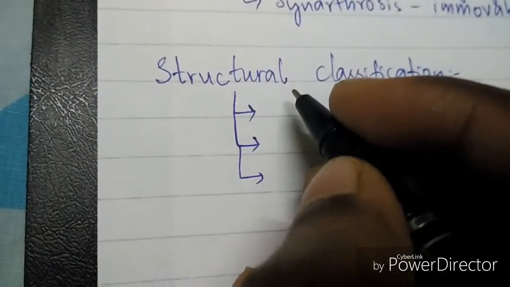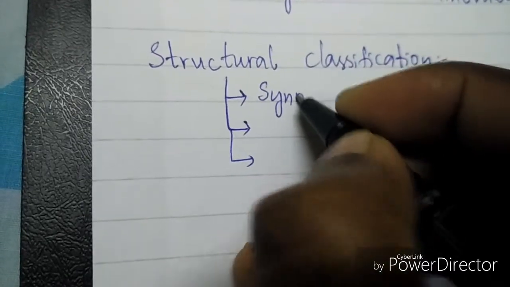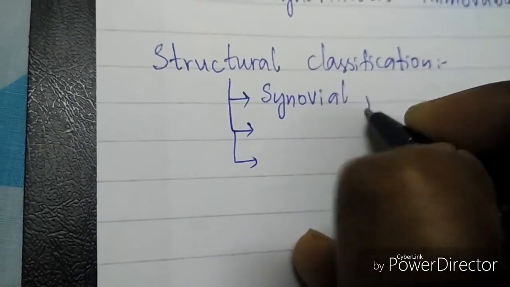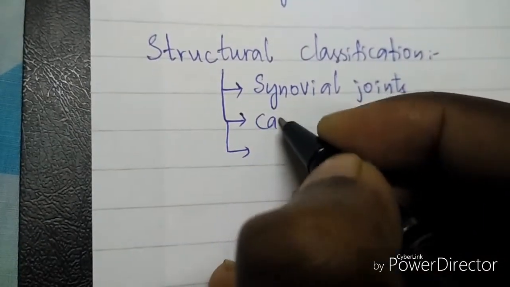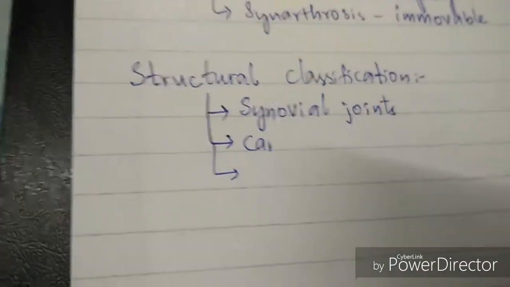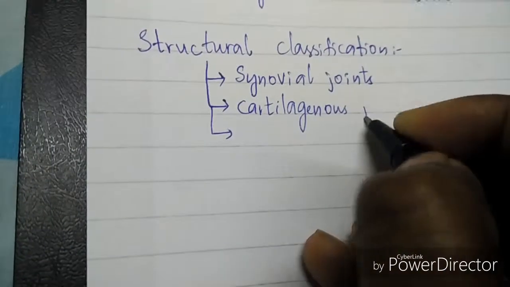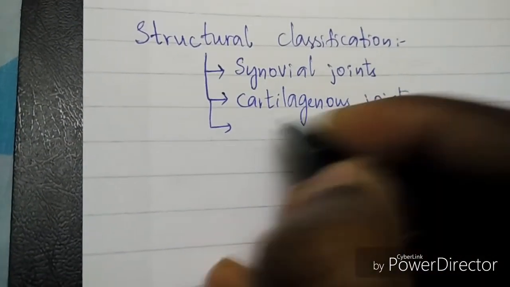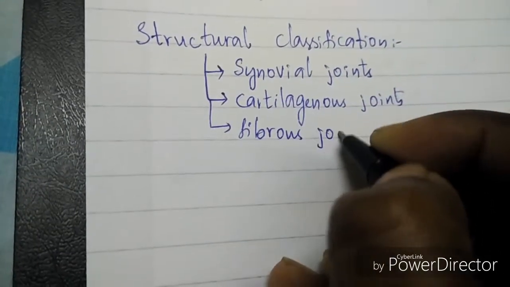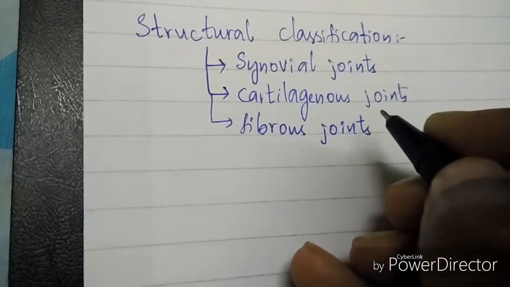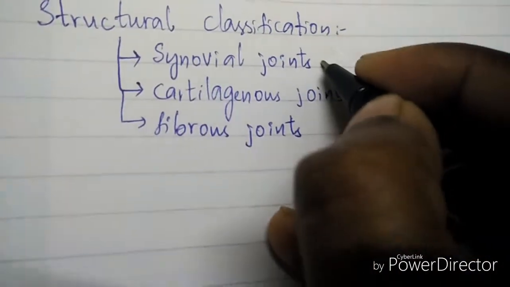In this, again, there are three types of joints: synovial joints, cartilaginous joints, and fibrous joints. Now, why are they called like this?